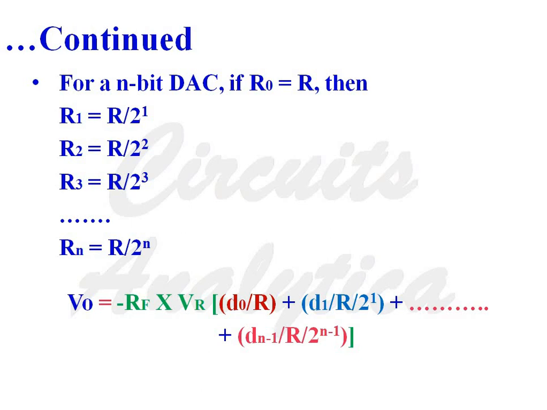So output voltage V0 is equal to minus Rf into VR inside bracket D0 by R plus D1 by R by 2 raised to 1 plus D2 by R by 2 raised to 2 plus ... Dn minus 1 by R by 2 raised to n minus 1.